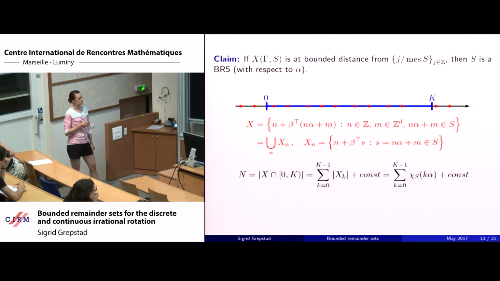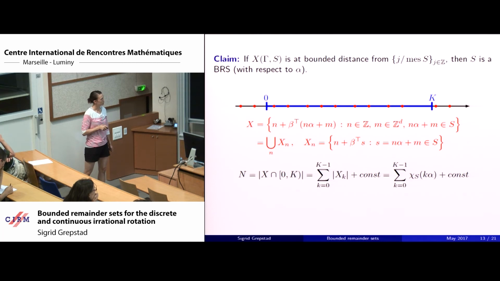So necessarily, this is going to cause a constant error, but it will be a bounded error. So basically, we take capital N to be the number of points in the set X in this large interval. Then this is the number of points in these blocks plus some bounded error.